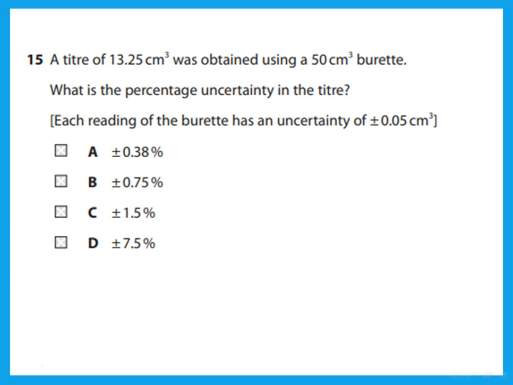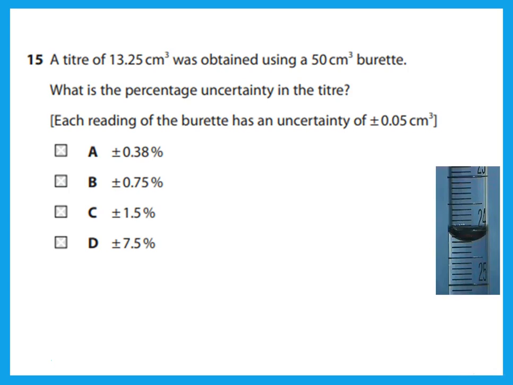Now, a titer of 13.25 cm³ was obtained using a 50 cm³ burette. What is the percentage uncertainty in the titer? Remember that when we use a burette, we need to measure the initial volume and the final volume. Each reading of a burette has an uncertainty of plus or minus 0.05 cm³.